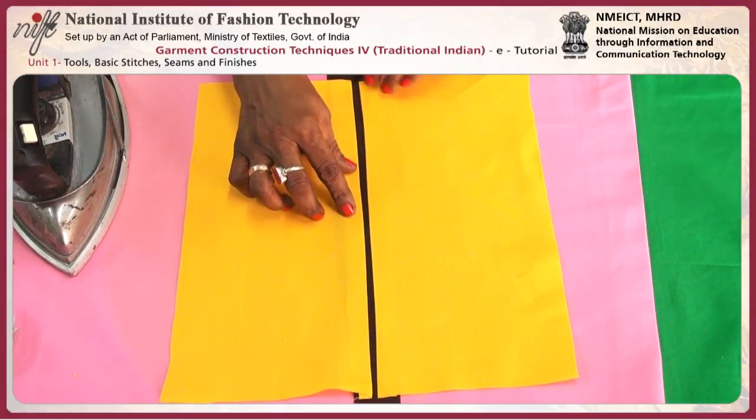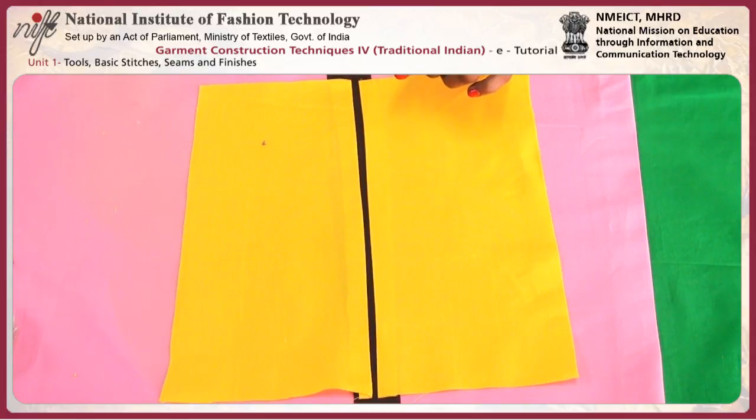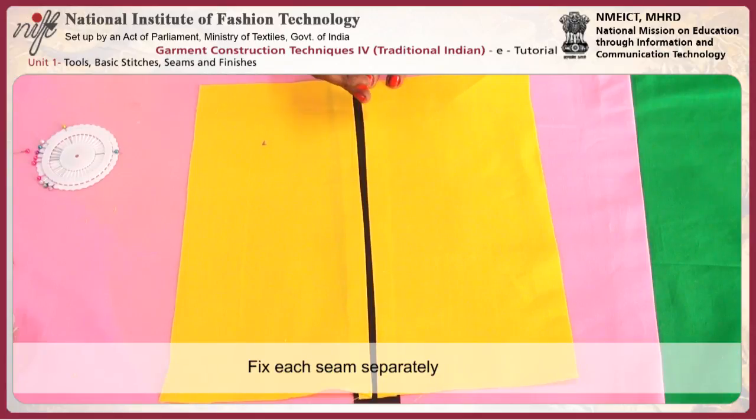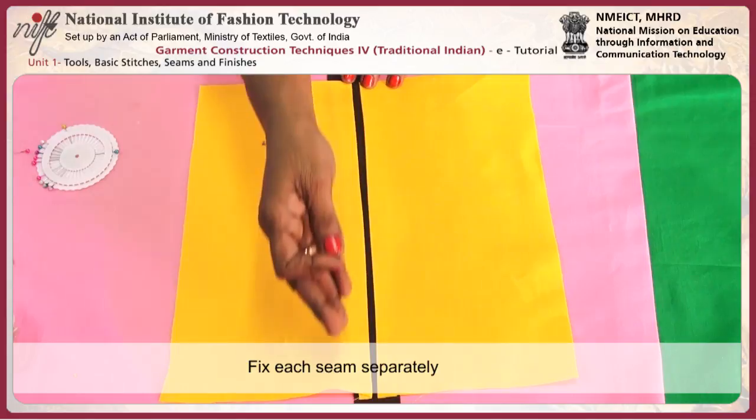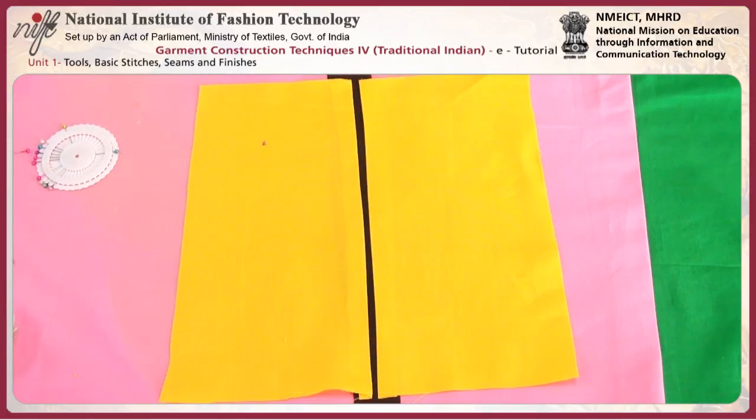I am going to leave 1/4 inch space in between, and then fix this separately and this separately, because this seam is going to be a separate seam and this seam is going to be a separate seam. So you have to do the straight line.